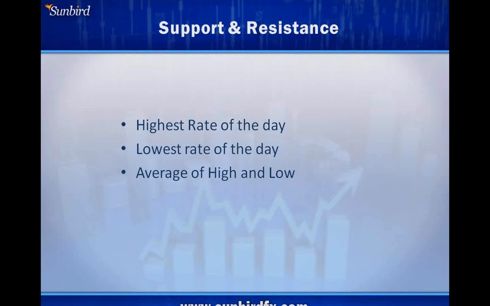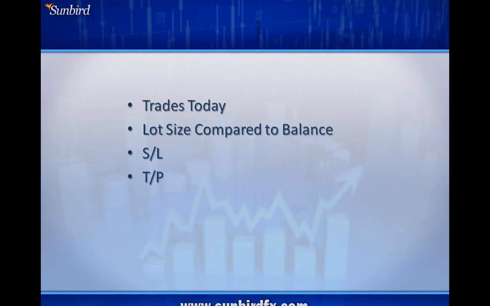So 5 plus 3 is 8, divided by 2, it's 4. 4 is the average rate, the average of the highest and the lowest. All right, we're going to call it average 1.